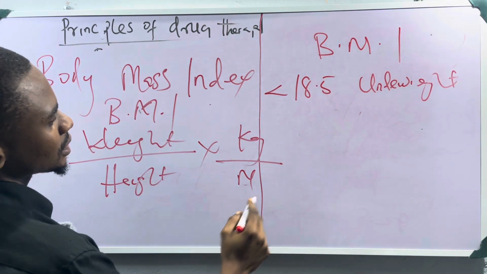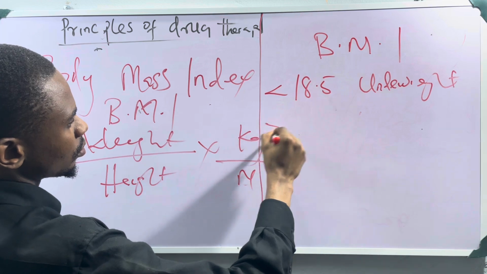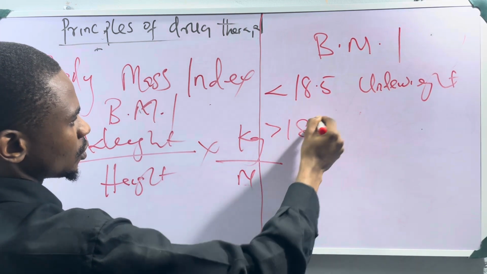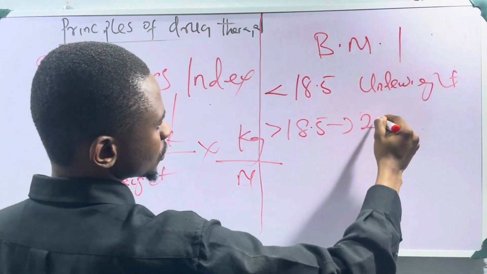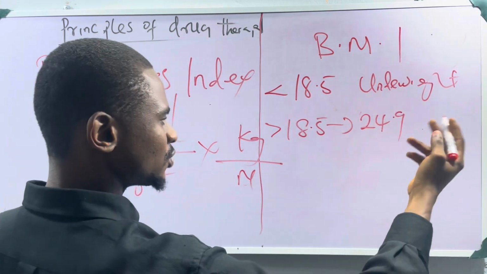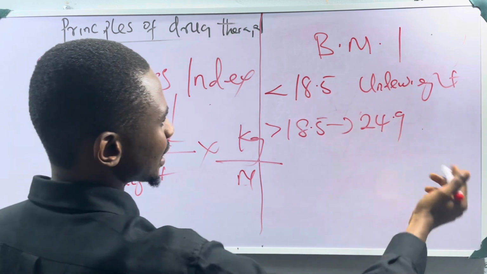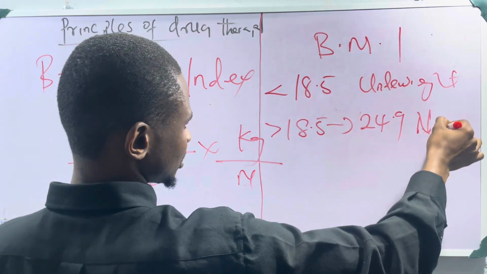Now for someone who has from 18.5 to 24.9, which is basically 25, 24.9 is a normal weight.